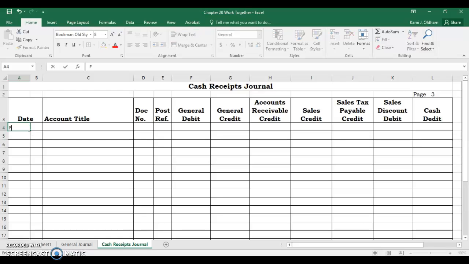We're looking at February 18th. And we are going to be having our notes receivable. And we're going to be looking at interest income.